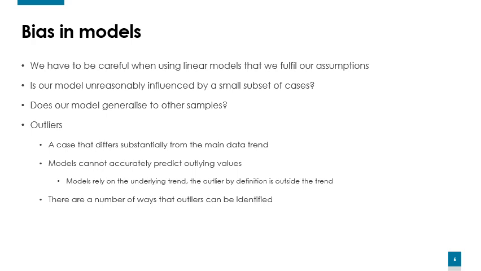In past studies or in past modules where research methods has been covered, we talk about assumptions of modelling or assumptions of tests, and we have to be very, very careful when using linear models that we fulfil or satisfy any assumptions associated with them.